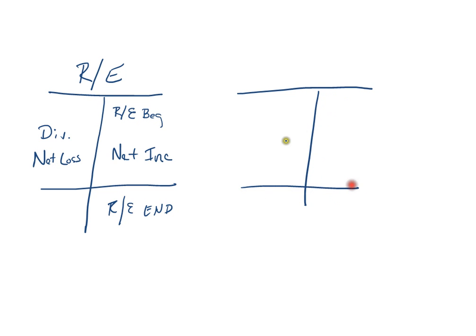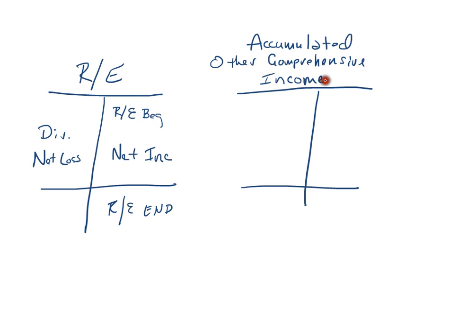Accumulated other comprehensive income, so let me write this out, accumulated other comprehensive income, is to other comprehensive income what retained earnings is to net income.